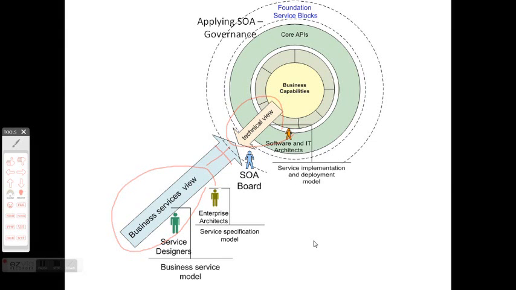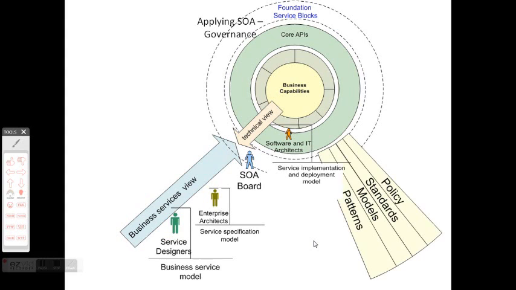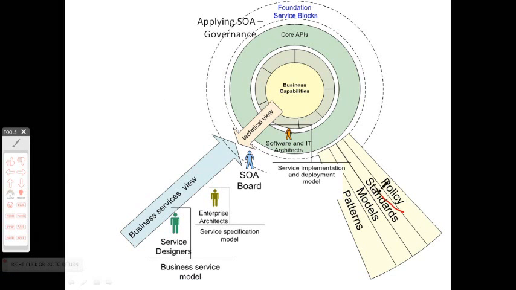And that is all enabled through the usage of our policies, through the usage of basic governance, through the usage of policies, standards, models, and patterns.